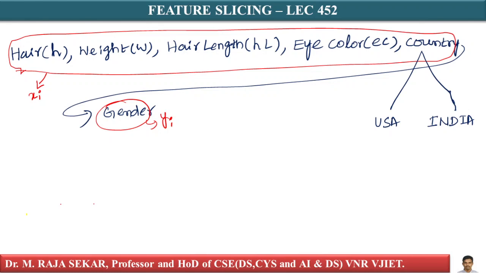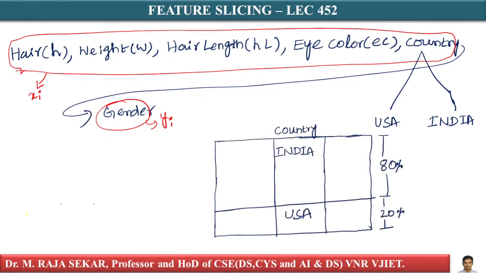So in your total data, let's assume 80% of your rows belong to the country India, and 20% of the cases have the country as USA.